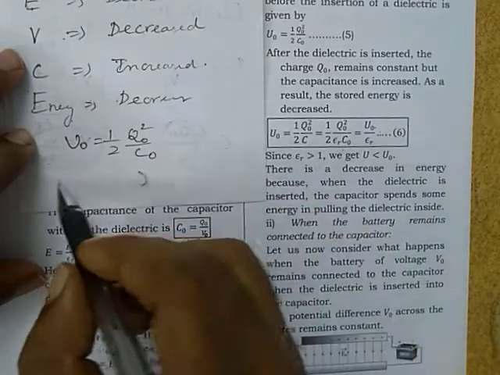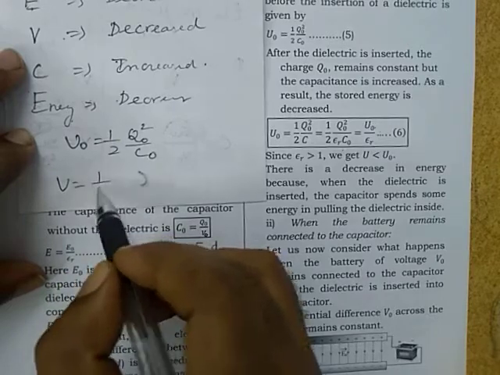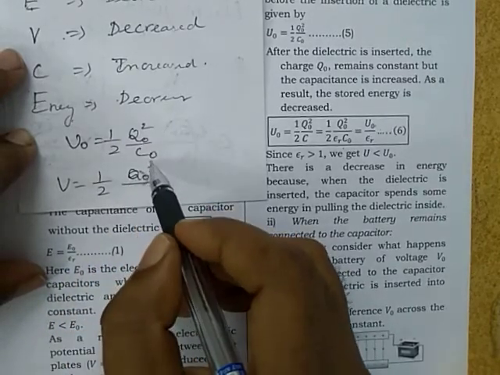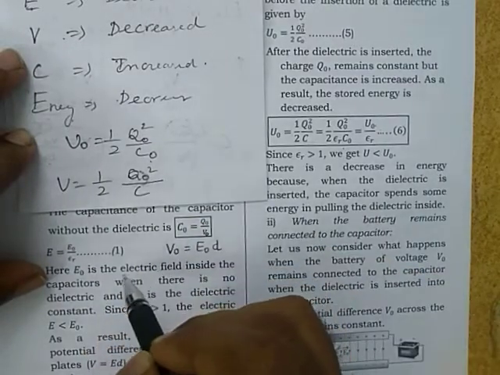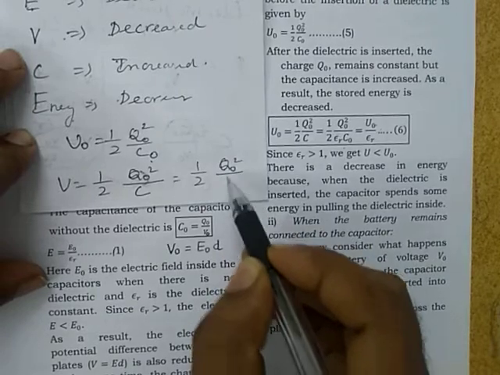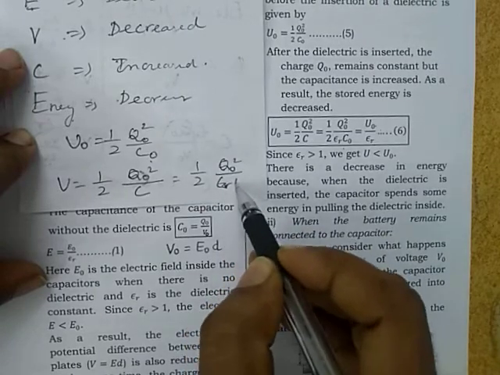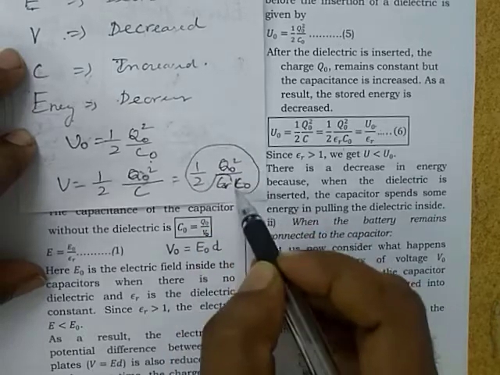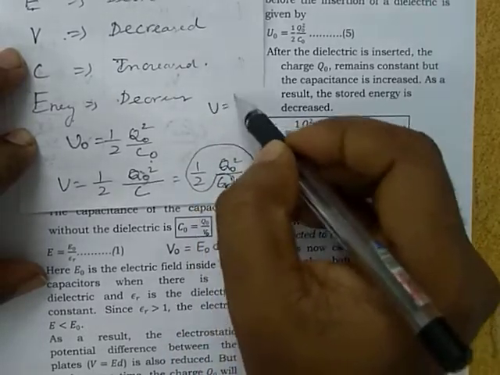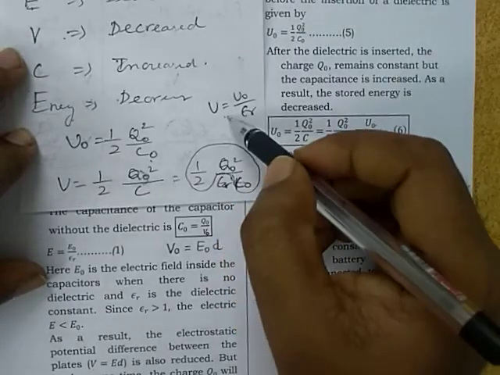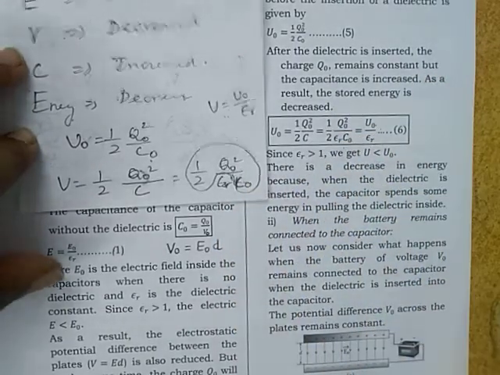After the dielectric is placed, it became U, 1 by 2 Q0 square, because charge is never changed, C0 became C. We know C is equal to epsilon r C0. Then this entire term becomes U0 by epsilon r. This implies the energy will be decreased. Then let me see the next case.